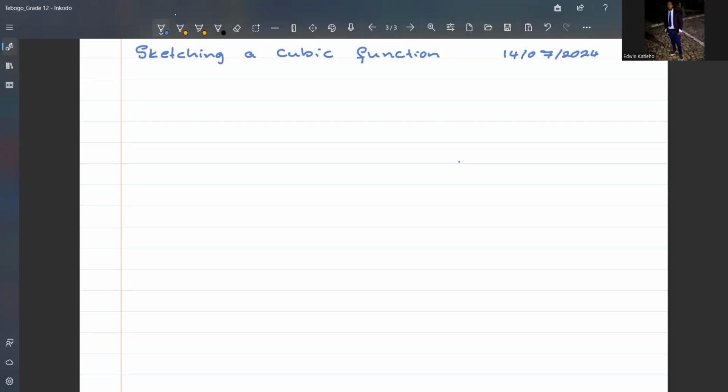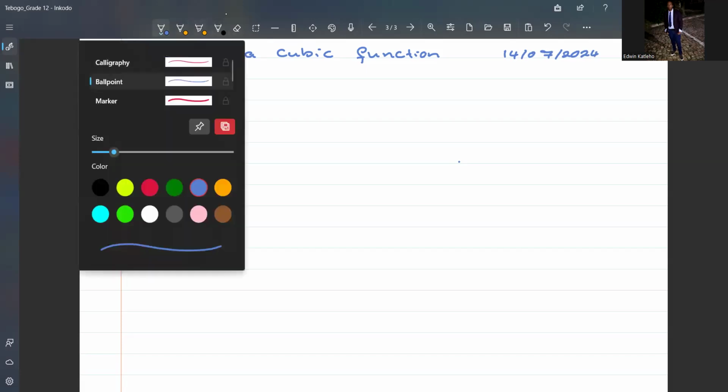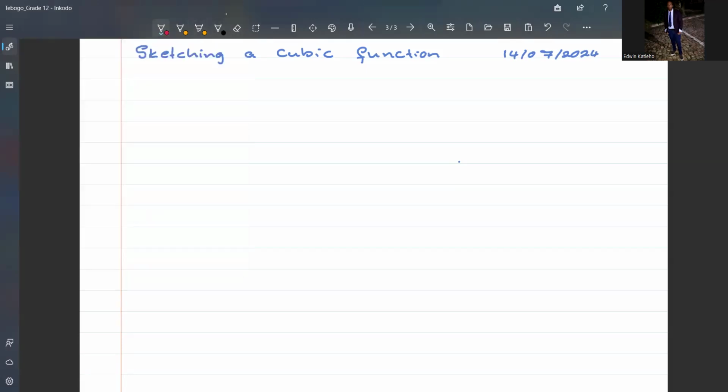I'm just going to list them down so that you know what it is that you would have to use to sketch the graph. But I would advise you to always list all three things or more than three. What you need, number one, we need stationary points.